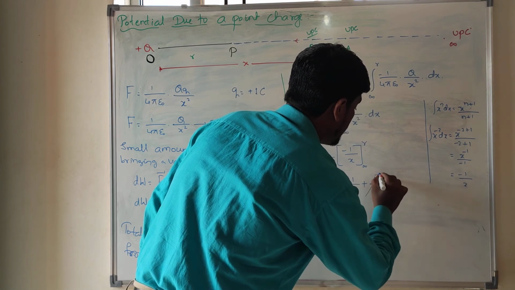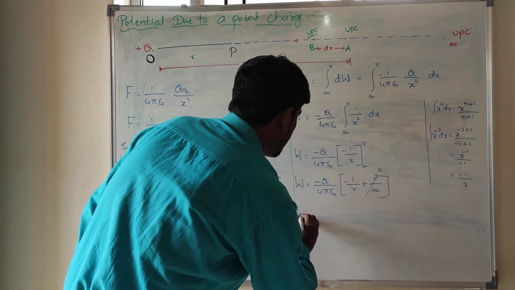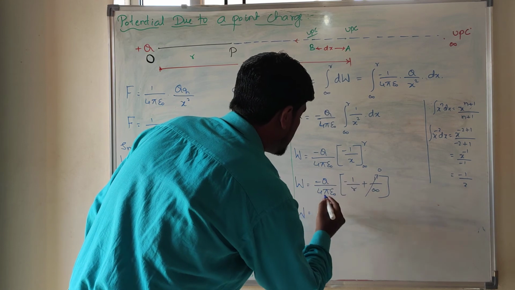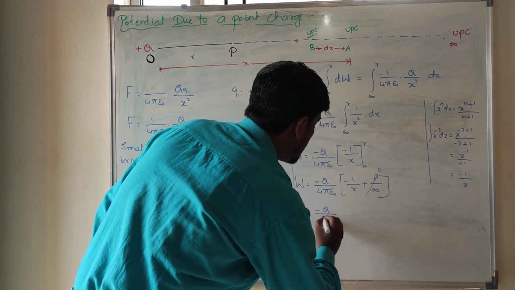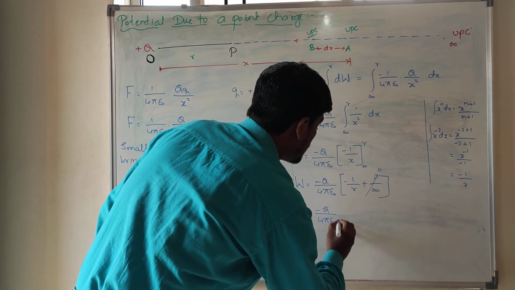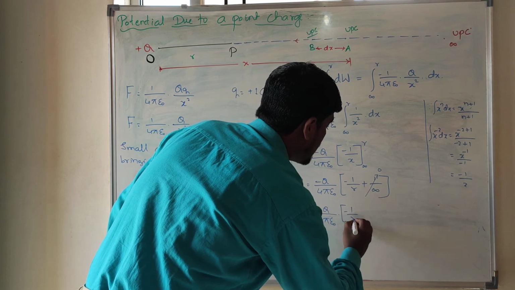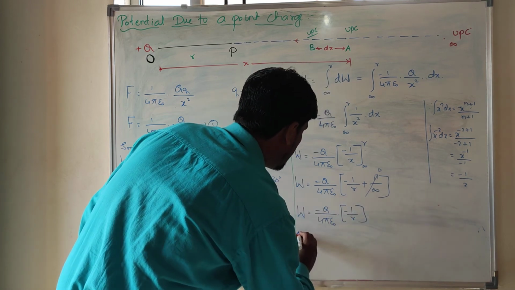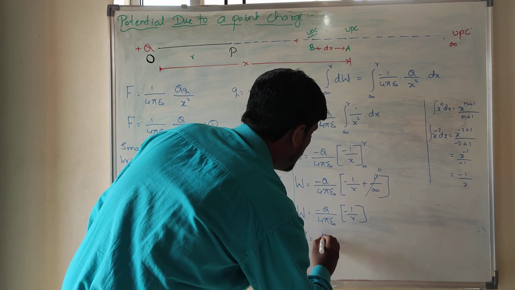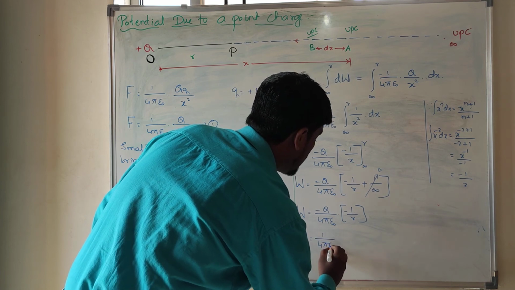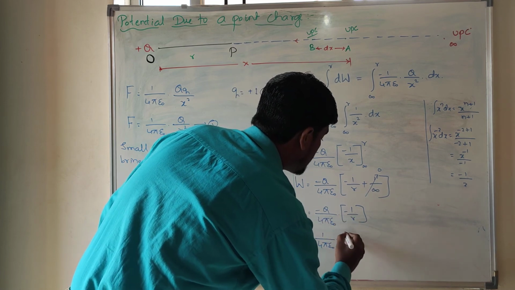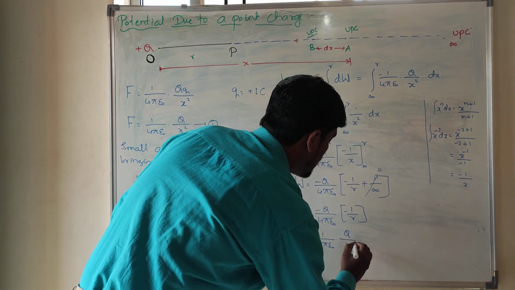The value of 1 by infinity is 0. So we are finally left with only minus 1 by r. If I take the minus outside, minus q by 4 pi epsilon naught into minus 1 by r, and take it inside, I get W is equal to 1 by 4 pi epsilon naught, minus and minus become plus, then q by r.